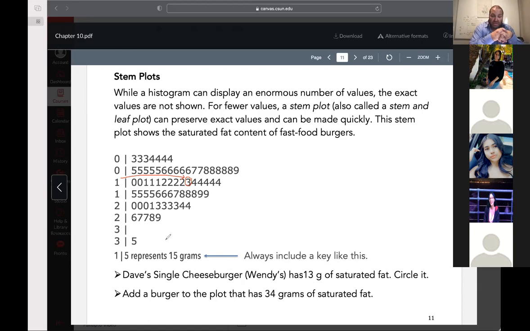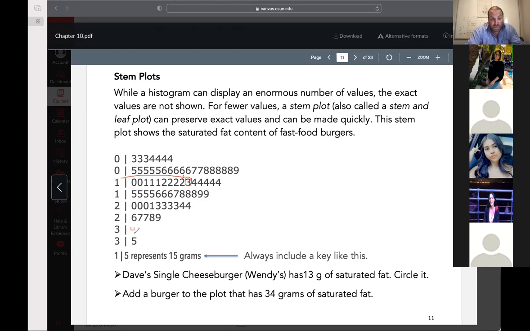So if I wanted to add a hamburger with 34 grams of saturated fat, where would it be? How would I add 34 grams? Would you add the 4 on the empty 3 since it's empty? Which one, the first or the second one? The first one.